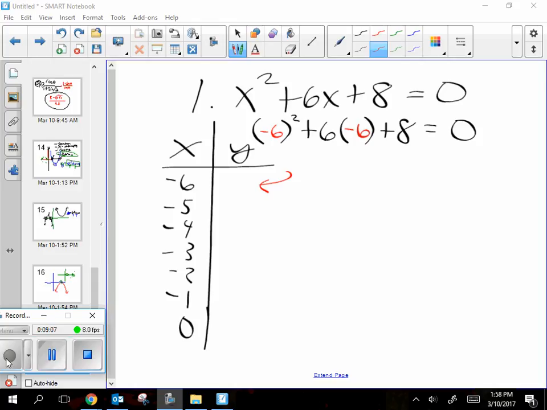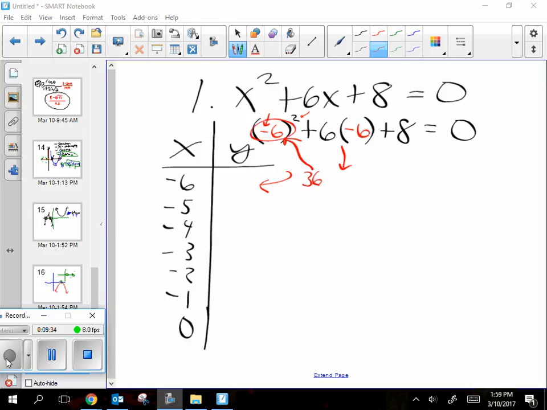I'd say the most common mistake in this class that I see is people go 6 squared. Oh, 6 times 2 is 12. No, it's 36. Good. It does have a negative in it, but it's negative times negative when you square it. It's positive 36. Now this one is a negative 36 because that one's got only one negative.